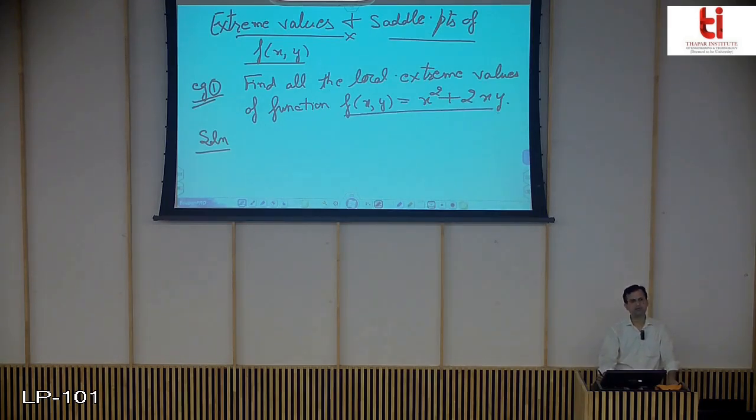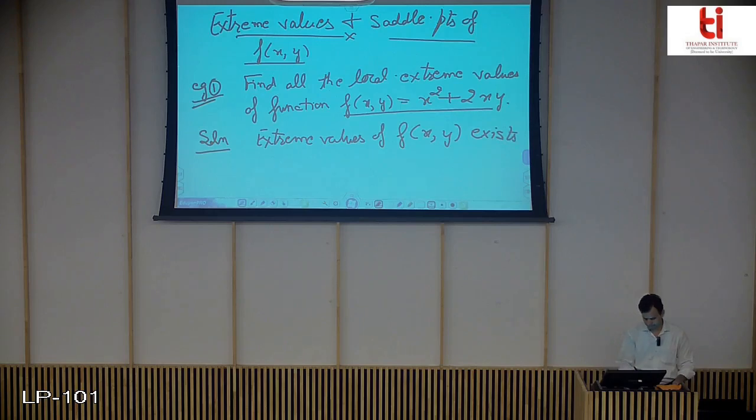So theory says, whatever theory we have done, extreme values of f(x,y) exist either at the critical points, where partial derivatives are simultaneously 0, or where one of the partial derivatives or both are undefined, and secondly at the boundary points.